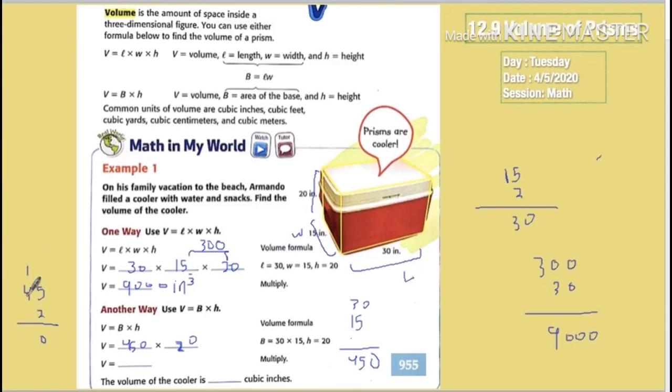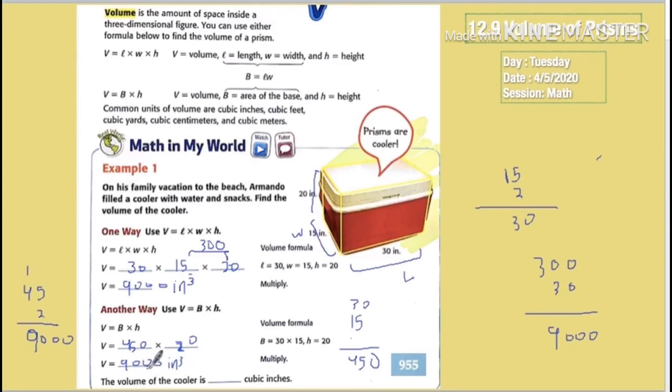And 2 times 4 will be 8 plus 1, 90. And then we add how many zeros? 1, 2. We have 2 more zeros. So the volume equals 9,000. And that will be inches cubed. Or you can say 9,000 cubic inches.